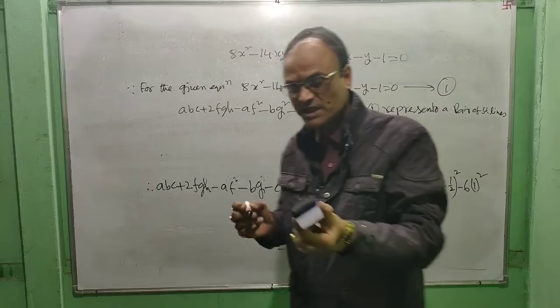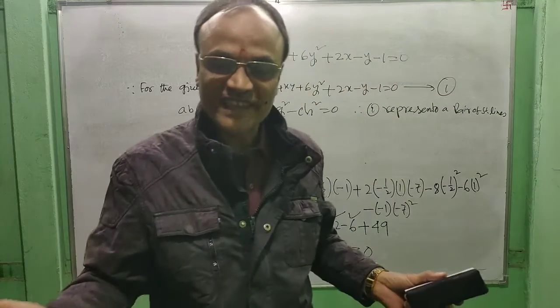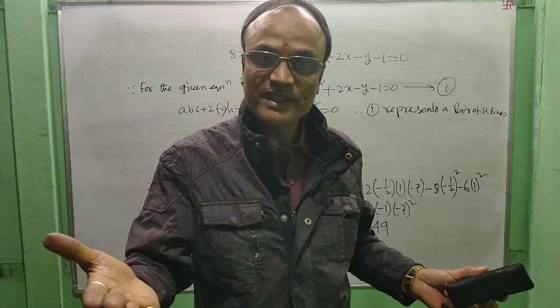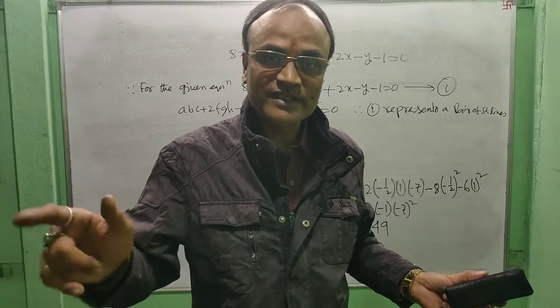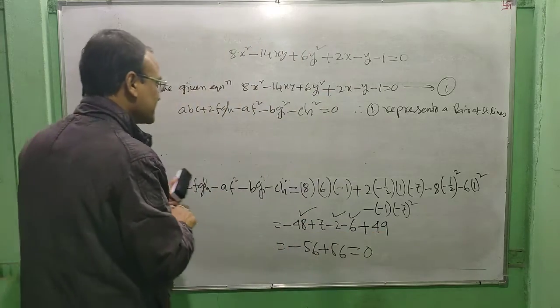Now, what is the point of intersection between the two straight lines? The point of intersection is (HF minus BG) by (AB minus H square), (GH minus AF) by (AB minus H square).